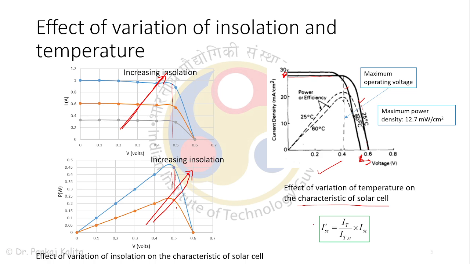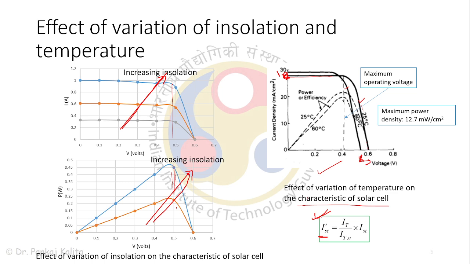So the effect of variation of temperature on the characteristics of the solar cell can be given in terms of this. So this is your new ISC value. If earlier this was your ISC value corresponding to 25, then this will be ISC dash. Okay, for which this formula is given.